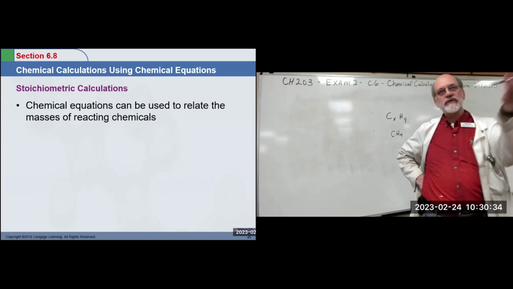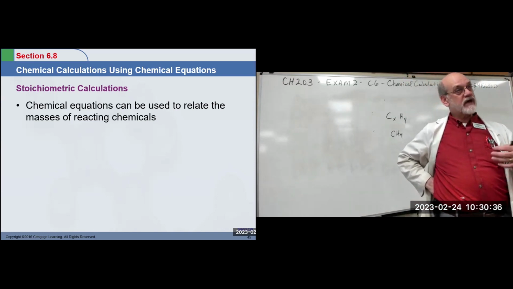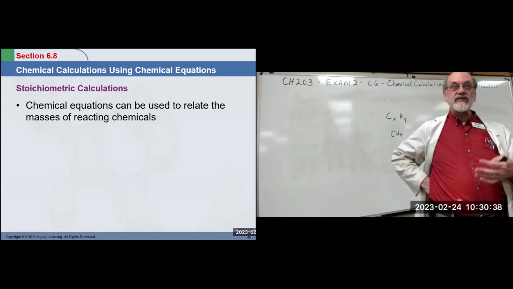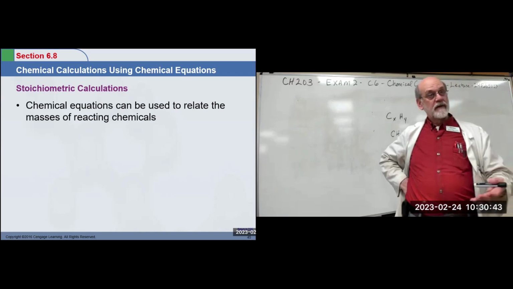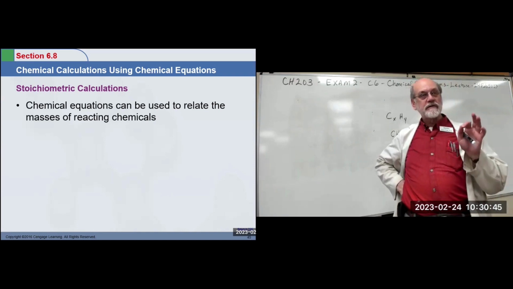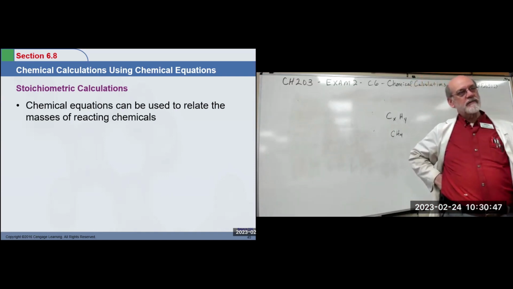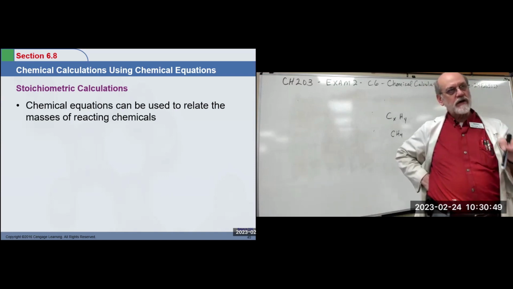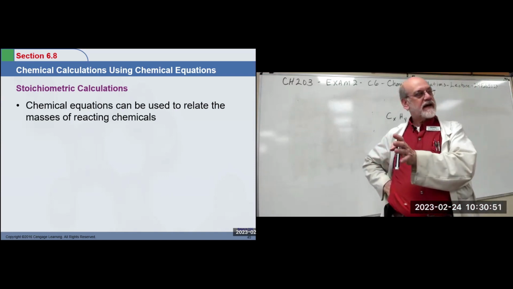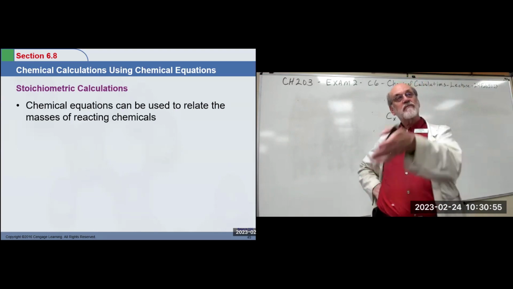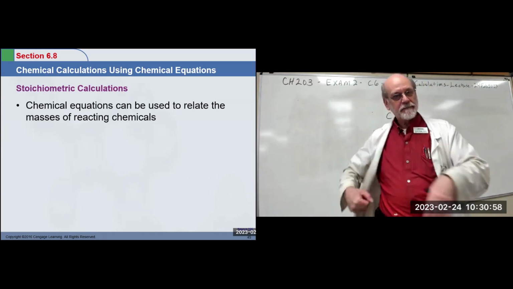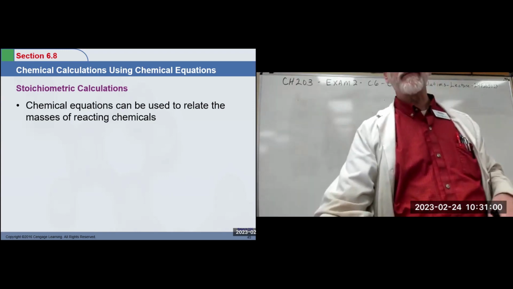We don't have any instruments in the lab that'll do that. So we have to measure in mass. But the reaction itself is based upon numbers of atoms and numbers of molecules. So we're forced to go from mass to molecules and then conduct the reaction to find out how many molecules of product, and then change the molecules of product back to mass. That's the idea behind stoichiometry.